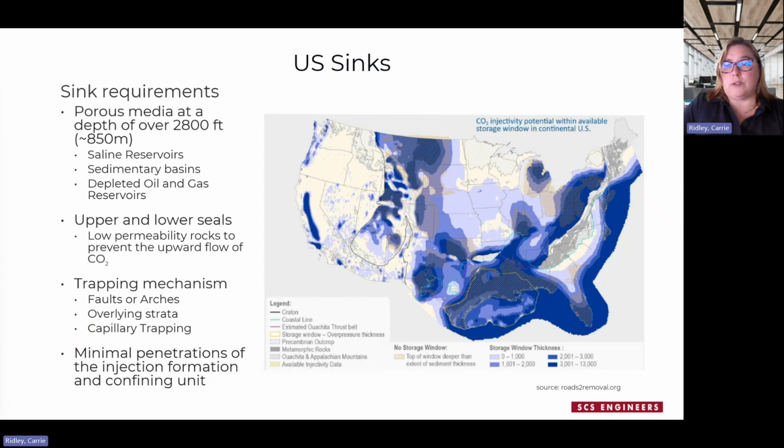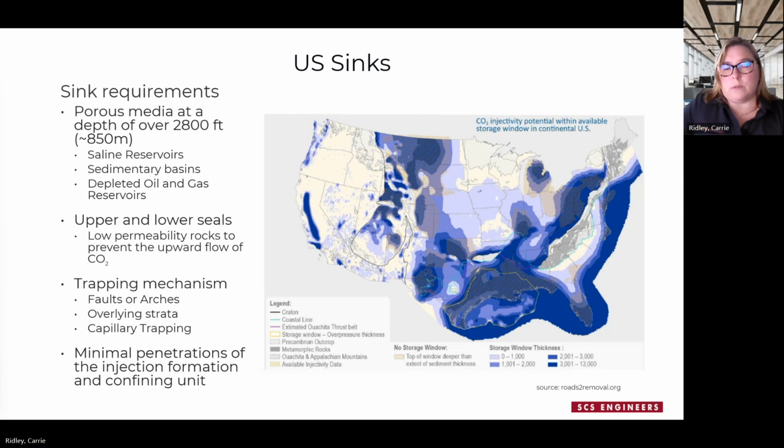Now that we know how much CO2 we're looking to store and trap, where can it go? Areas shaded not in blue do not have the proper geology for storage. It's either mountainous regions with volcanic or metamorphic rocks near the surface, or does not have the proper depth of porous rocks for sequestration.